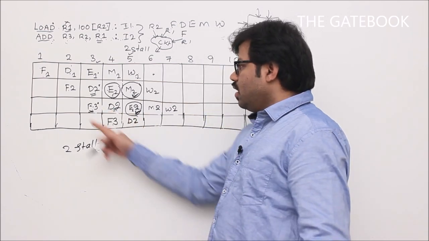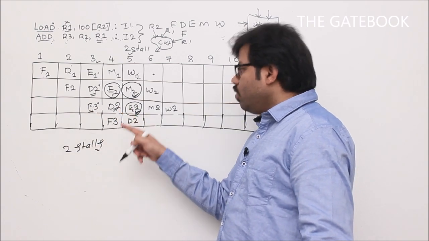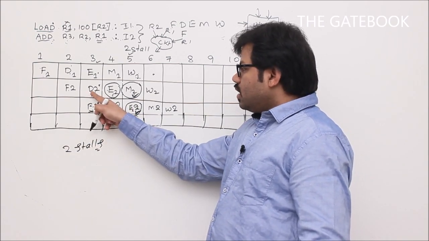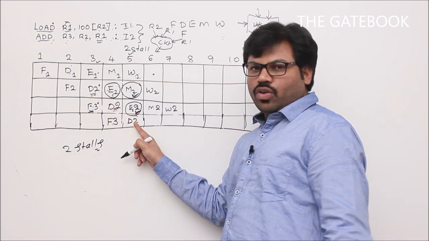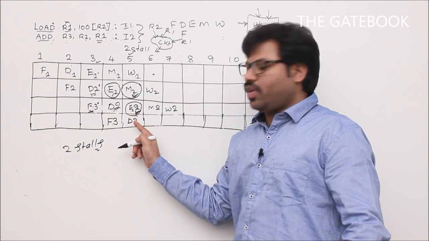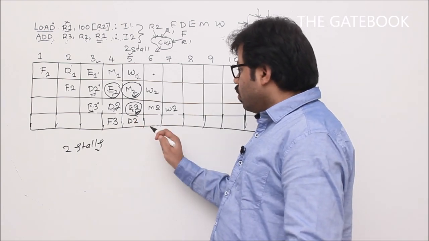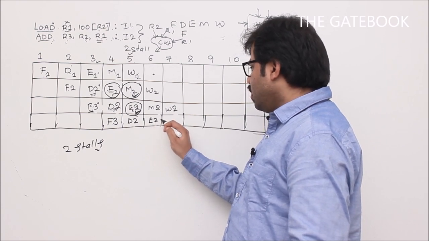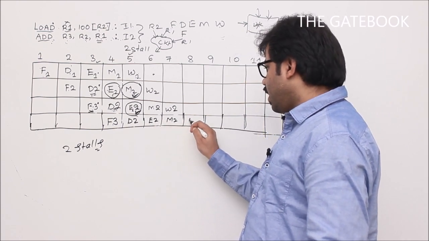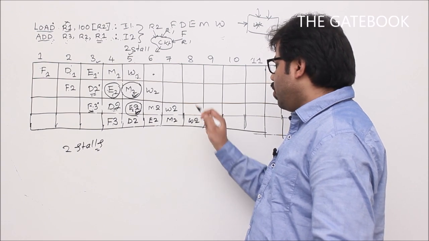You can understand it like this: in this row we will be decoding D2, and in this row we will be decoding D2. This time we will be seriously decoding, that means we are using the result of this decoding. So here D2, then after decoding, execution, memory in the later timings, write back, W2.